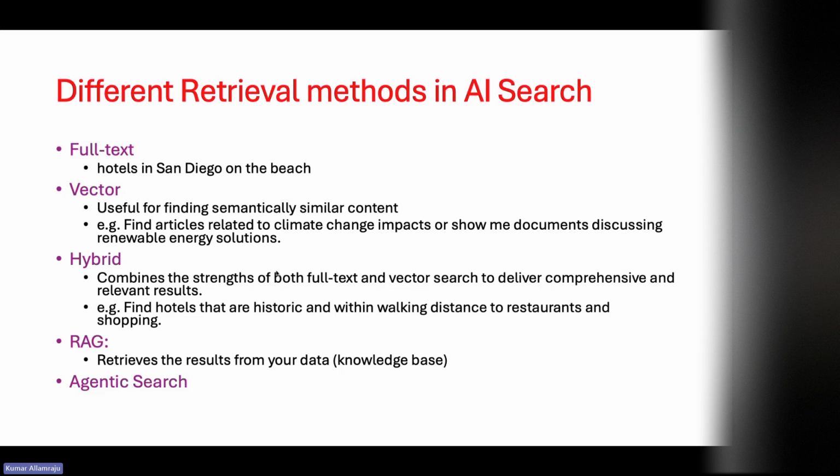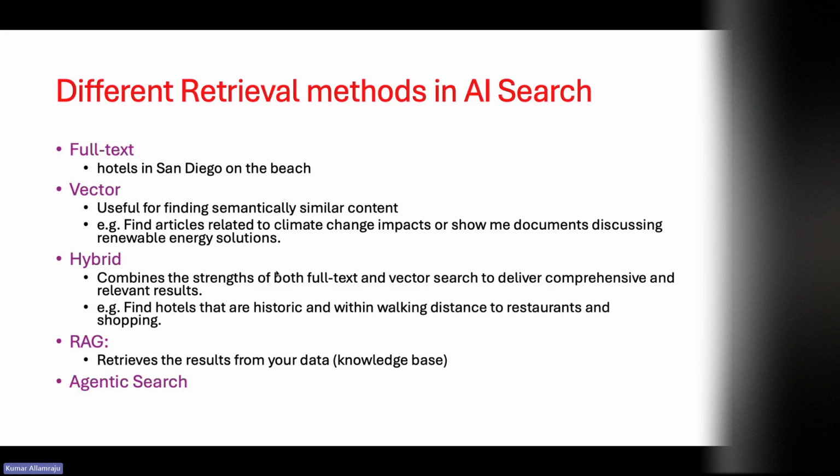So it's full text. And over the years, we have enhanced it with vector search, because the queries that users input continue to expand. Then we introduced hybrid search, which is the combination of full text plus vector search.